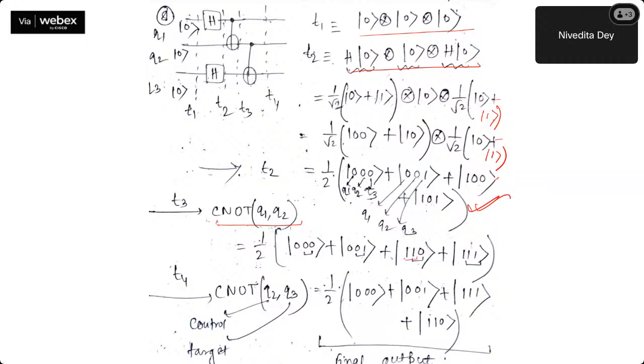Q1 is control and Q2 is target. Similarly, if I apply it on Q2 and Q3, considering Q2 is the control and Q3 is the target, it will become: 0 0, no change; 0 1, no change; 1 0, yes, make it 1 1, okay, I have done it; then 1 1, make it 1 0, I have done it. So this is the final output that I'm getting.